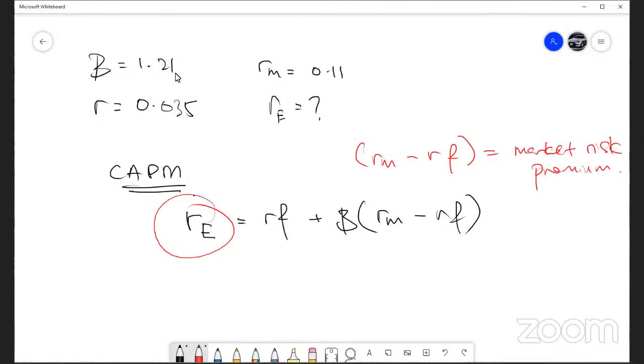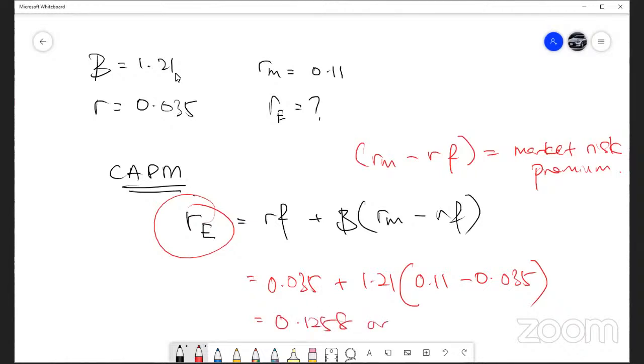Based on the information given, your risk-free is 3.5%, beta is 1.21, and your return on market is 11% minus your risk-free 0.035 again. Put these figures in, and in the end you can find the cost of equity is 0.1258, or also can be written as 12.58%.